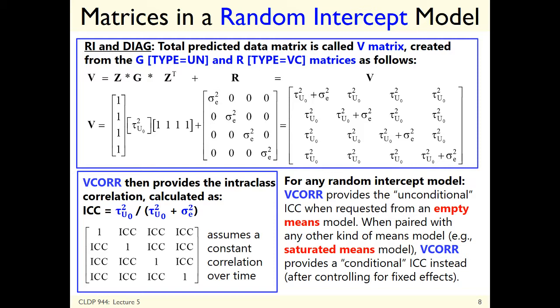Anything less than 1, play ball. What's the lowest it can be? 0. Yes. If it's 0, that means you have no random intercept variance. You have no person mean differences. But that number will come back above 0 once you start explaining e-variance though, so it's not going to stay 0 for long.